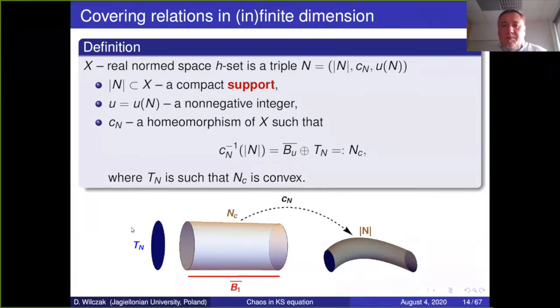Below we can see the geometry of the situation. Here we have some convex set, which contains, for instance, 0. And here we have a ball, and this is a product of those two sets, and the homeomorphism maps this into some shape in X. So this is a geometric object in our phase space.